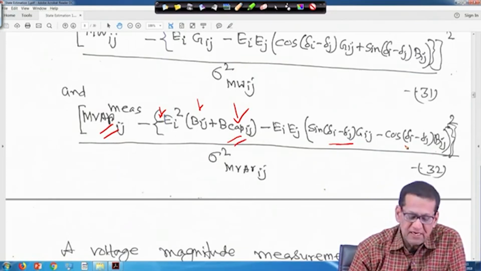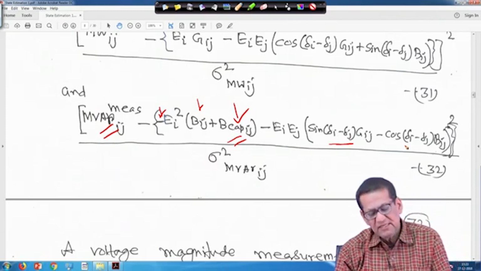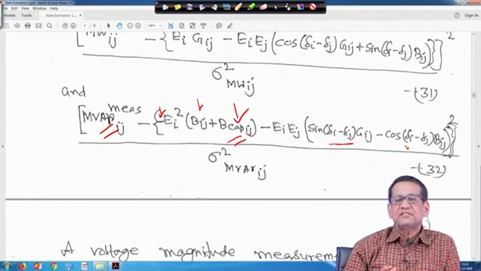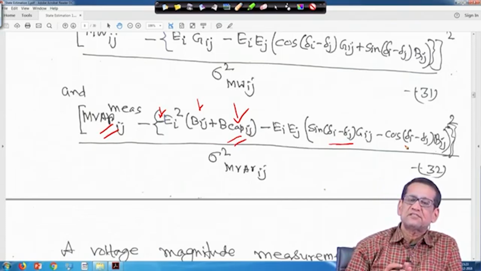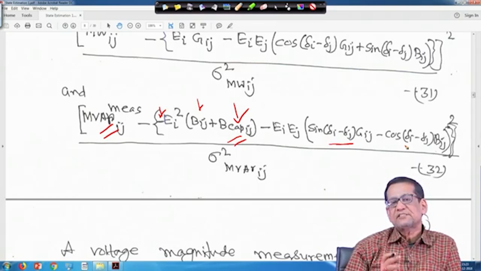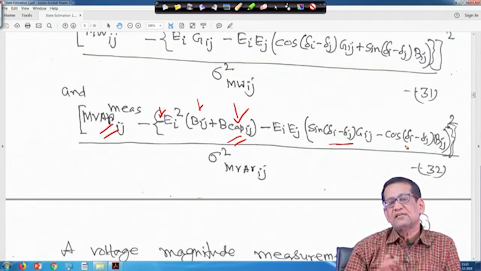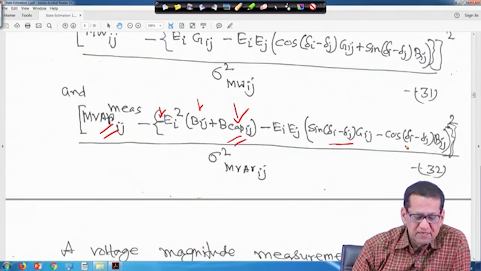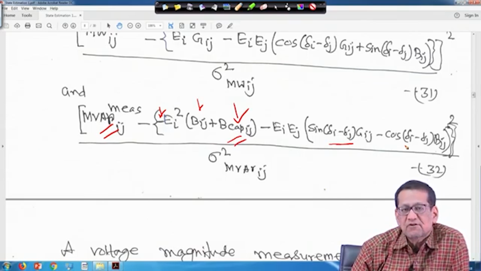Another thing is, if it is a series compensated transmission line, suppose series capacitors are there in the line, then that reactance also you have to consider. All these things you have to consider when you are measuring the megavar, that is, the reactive power.